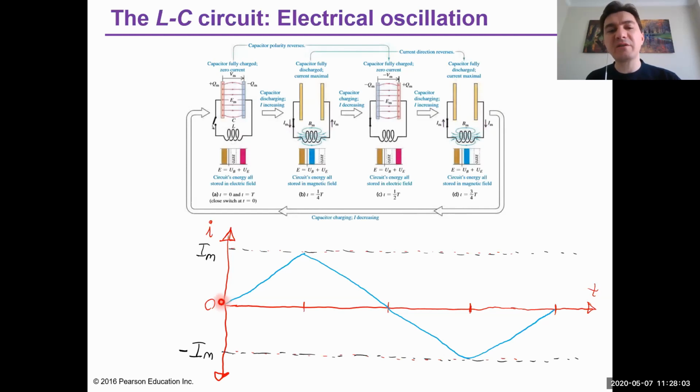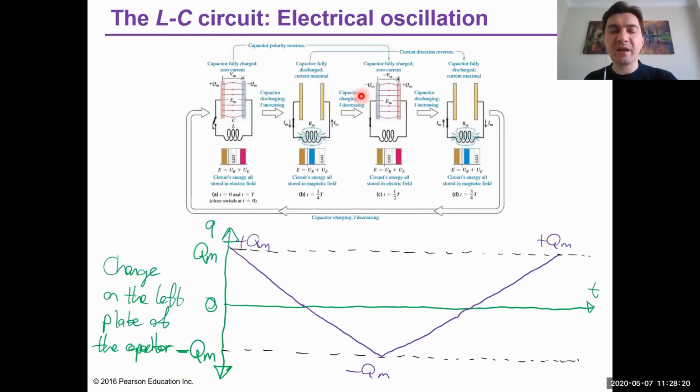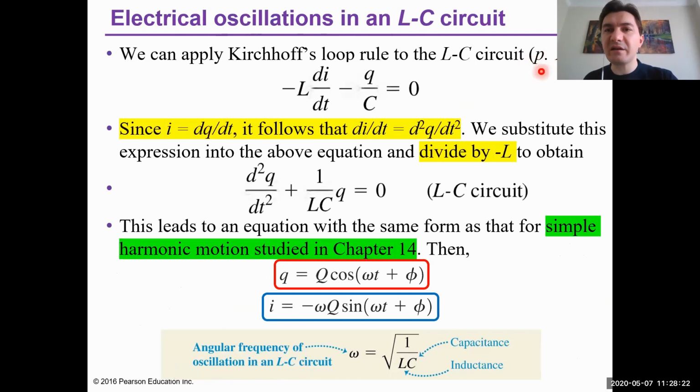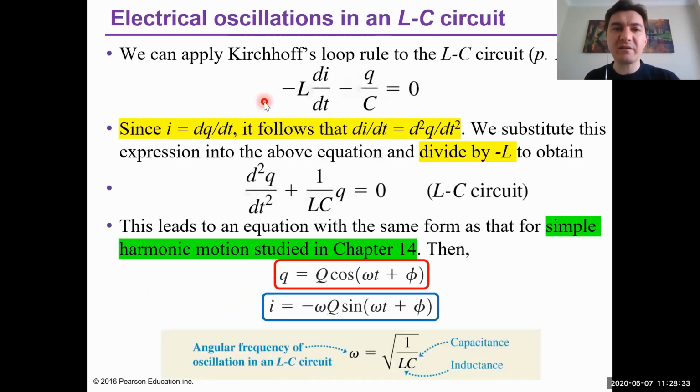Then I will try to get an expression for the current as a function of time. So it is oscillating and I would like to show it. Again, we can apply Kirchhoff's loop rule to the LC circuit here, okay? I will not go into detail, details are given. So here we have the potential difference for the inductor and the potential difference between the plates of the capacitor.